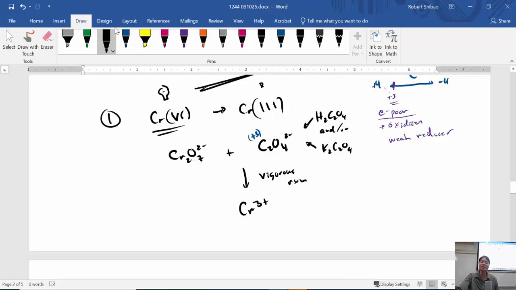So we need some acid. We can get the acid from oxalic acid, and so this is why oxalic acid is good. It has H+. You can get rid of some of the oxygens there. We need 14 H pluses to get rid of those 7, right? And then we can get the electrons from the carbon in oxalate.